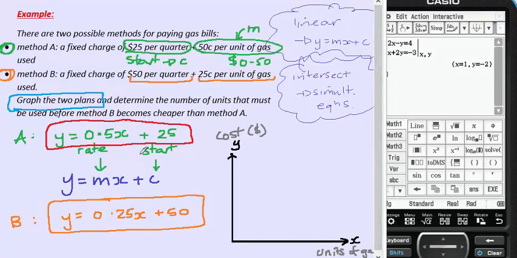So my first one says that my y-intercept is 25. Remember, I'm going to do this in green. So my y-intercept here will be 25. And my gradient is 0.5. And what I could do is I could work out some point that's going to be on this line. But let's just call this point 0 and 25, because I know that's my y-intercept.